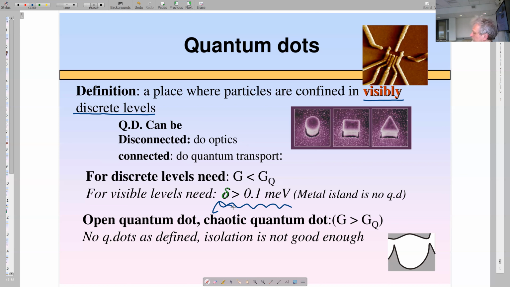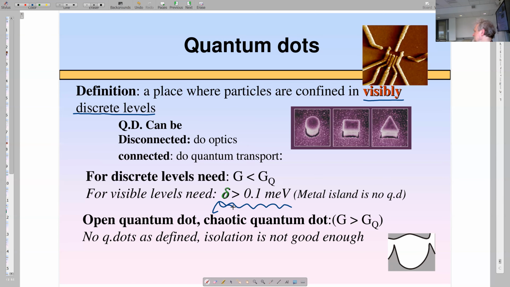Good. So let us make some classification of quantum dots. Roughly, just by virtue of preparation, virtue of fabrication, they can be made into two classes.